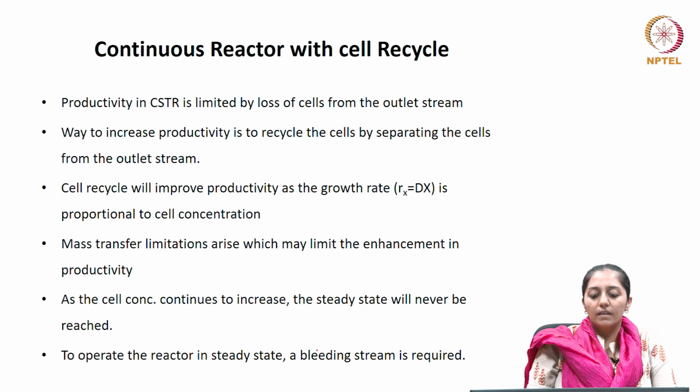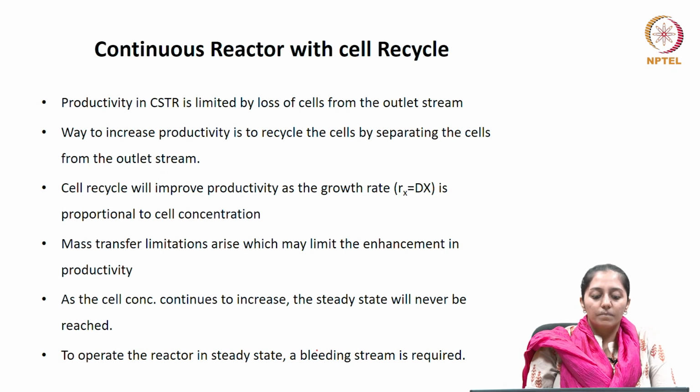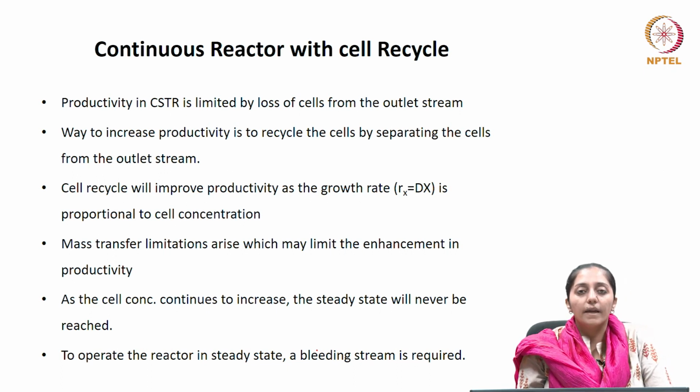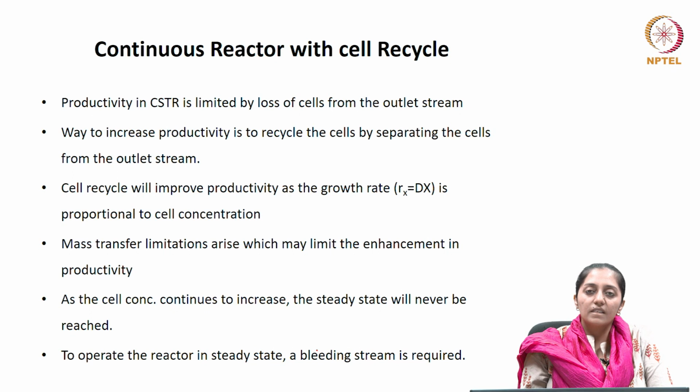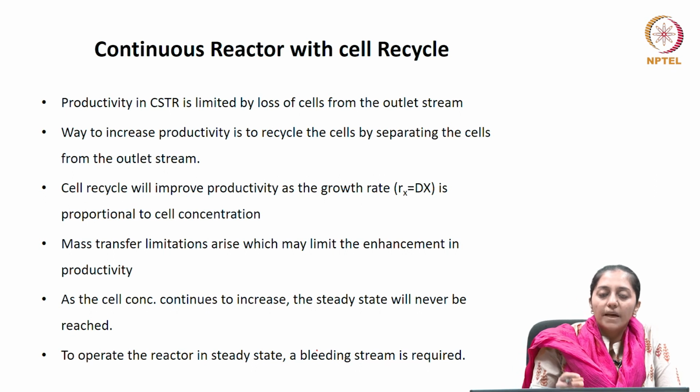So, the productivity is limited by the loss of cells which is happening in the outlet stream. Therefore, a way to increase the productivity can be to recycle the cells by separating the cells from the outlet stream.